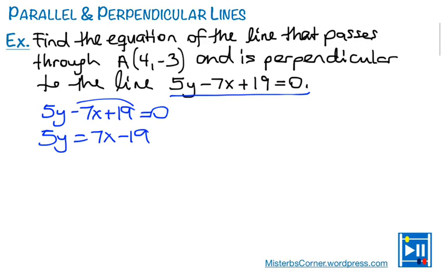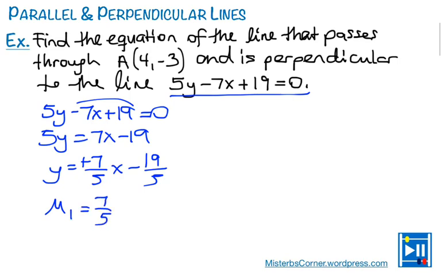And if I divide both sides by 5, I'll get y to be plus 7 over 5x minus 19 over 5. From here I can write the gradient to be 7 over 5, right?